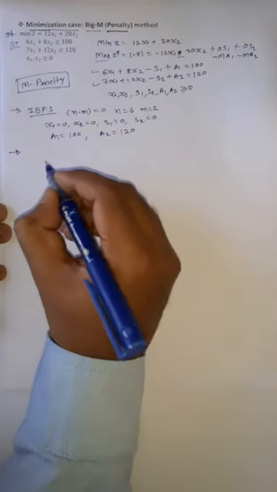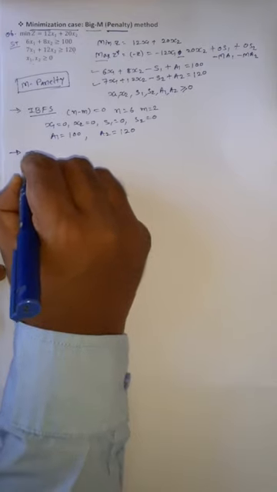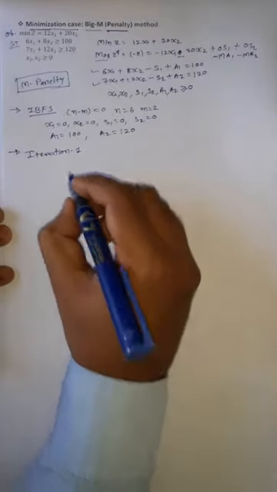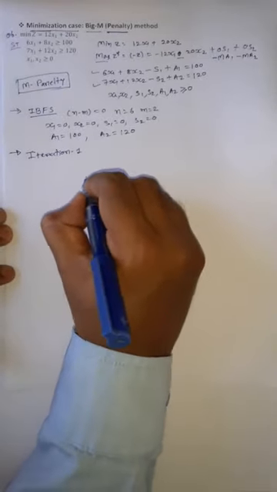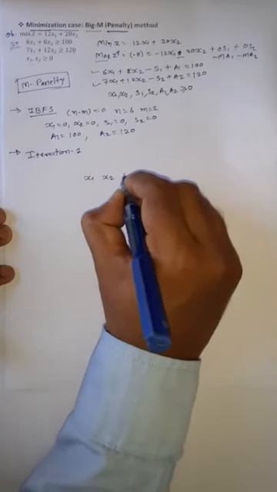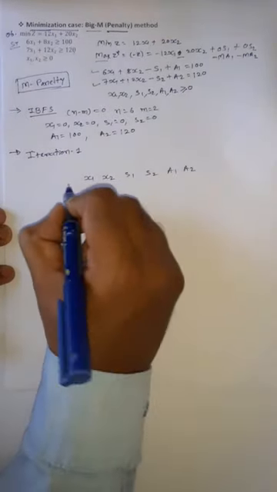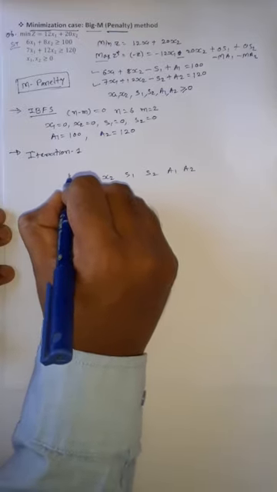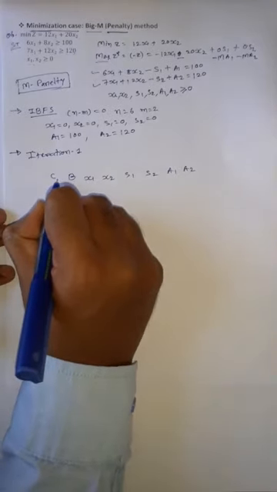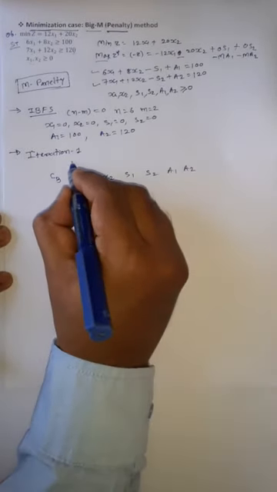After completing the IBFS step, the initial basic feasible solution, we will check whether this IBFS is optimal or not. For that we will follow the tabular method, in which we will follow our iterations. So let's have the first iteration, iteration number 1, in which we will first list out all the variables, here x1, x2, then s1, s2, a1 and a2, and here the basic variable column, or simply the basis column, and on the left hand side of this basis let's have the coefficient of basic variable, and above that the Cj value.